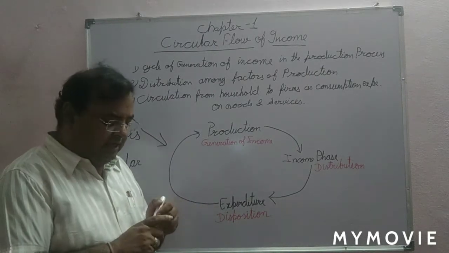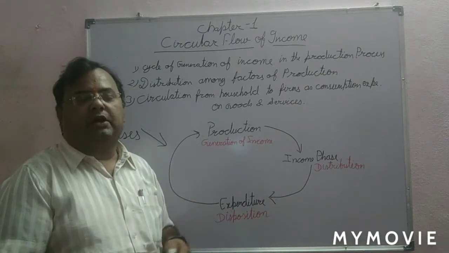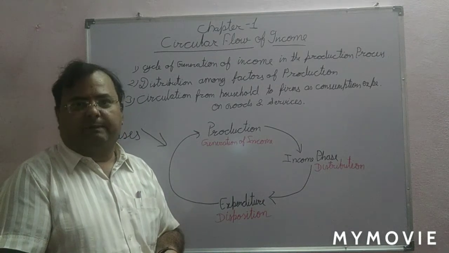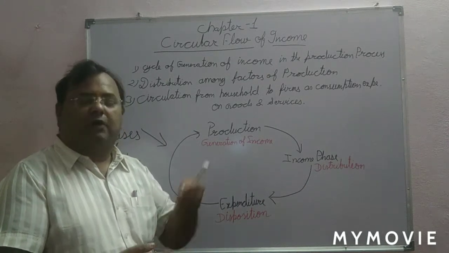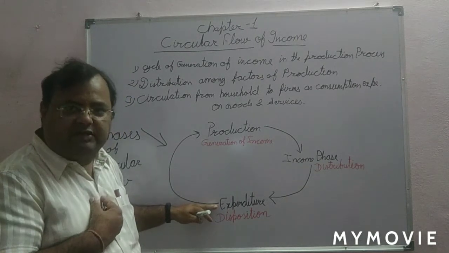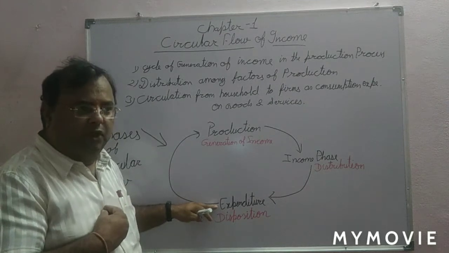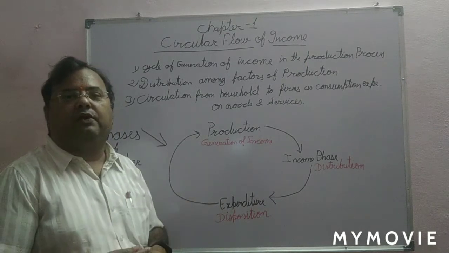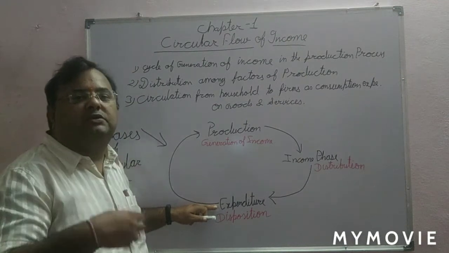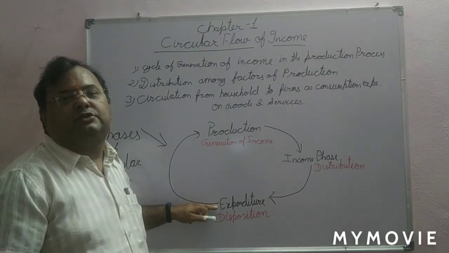When factory owners get income, they spend that income for further development, and for giving salaries. And if we are service people, when employees get income, what do we do with it? We spend our income on buying goods and services in the society.